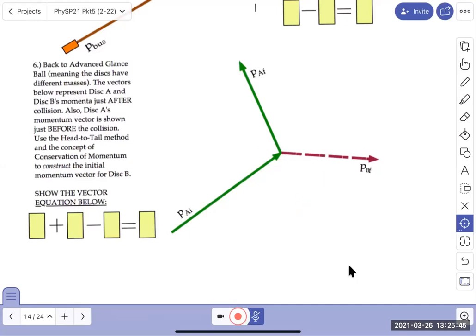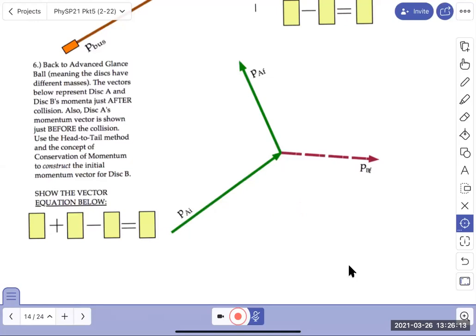So a cop would look at a wreck and see the after effects, and from there try to reverse engineer it and see which car was speeding or what direction. This guy says he was going north. Was he really going north? So let's say this person B said that their elastic car was going north. Are they telling the truth?